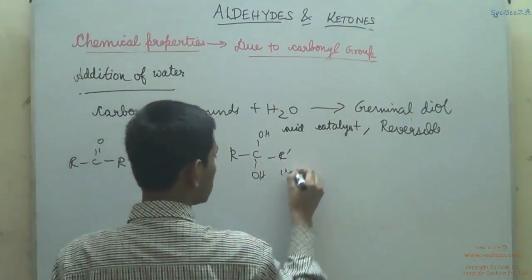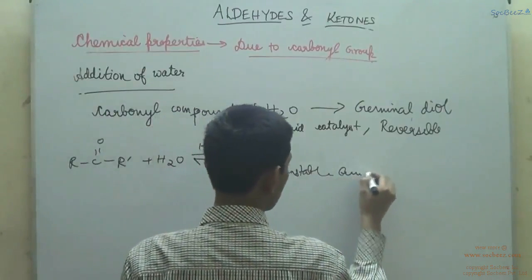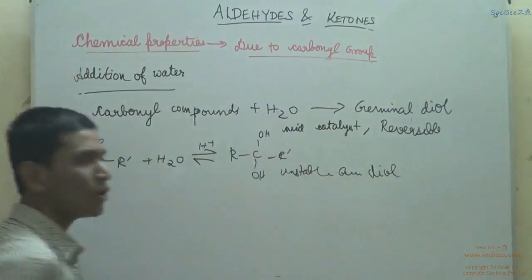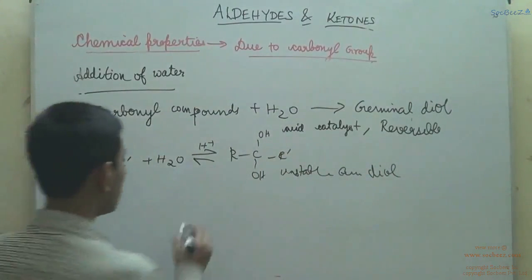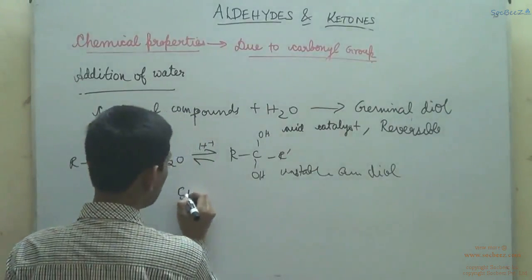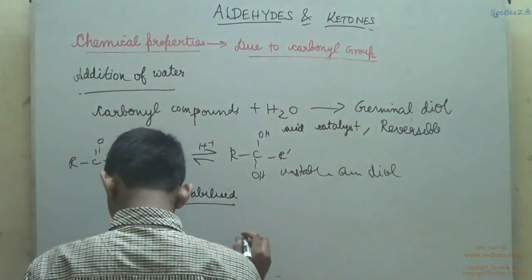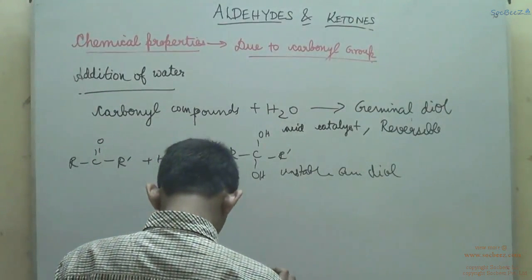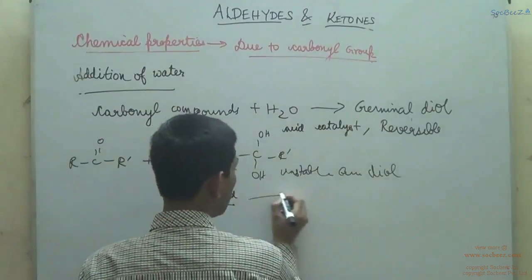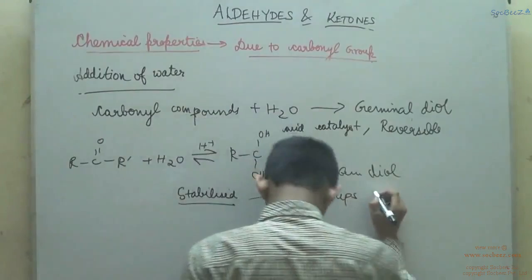This is highly unstable. Unstable gem diol. Now how do you stabilize a gem diol? First thing, the gem diol is stabilized by the presence of -I groups on the alpha carbon.